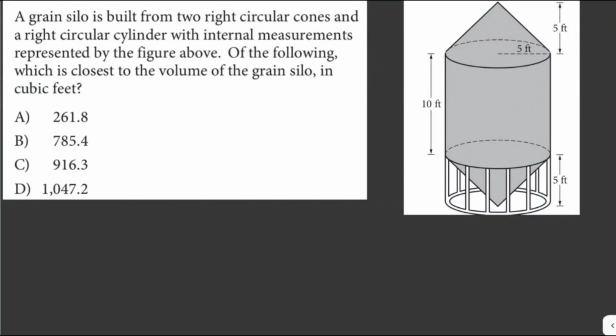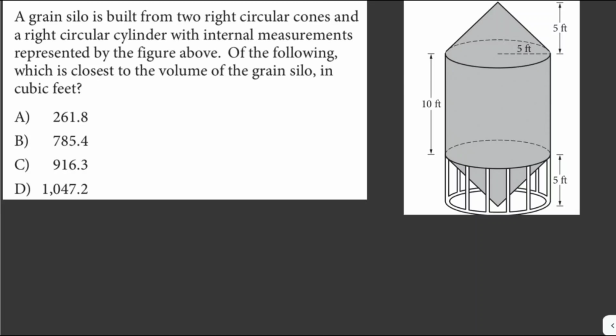A grain silo is built from two right circular cones and a right circular cylinder with internal measurements represented by the figure above. Of the following, which is closest to the volume of the grain silo in cubic feet?